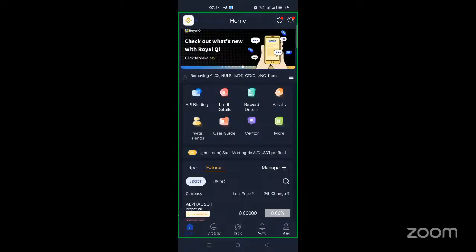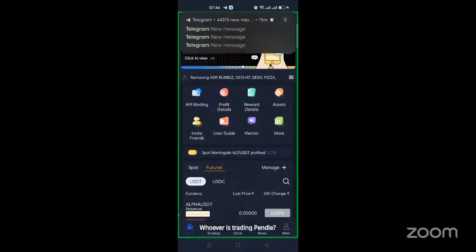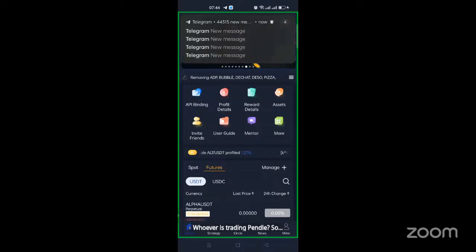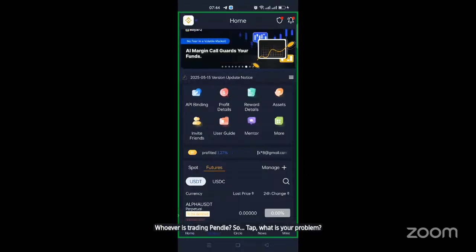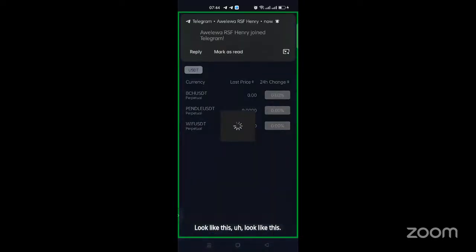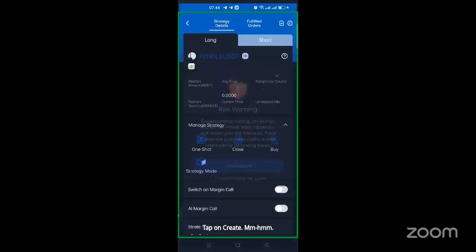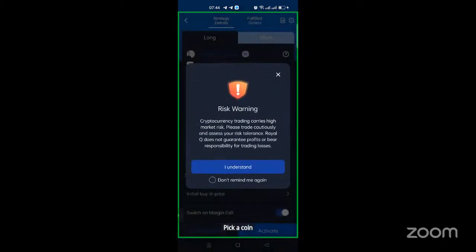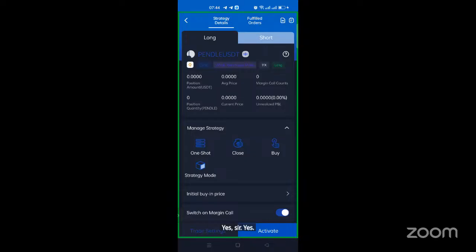Whoever is trading, tap. What is your problem? Look at it, sir. Tap on create. Pick a coin, any. Short, don't long a coin. Tap on the short side. It's on long, tap the short side.